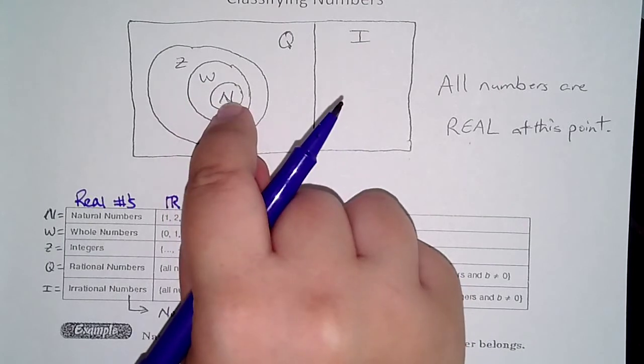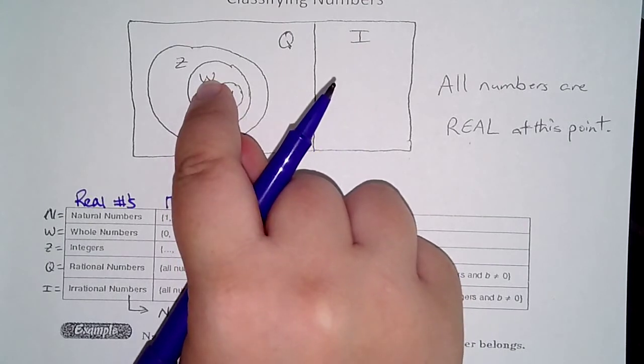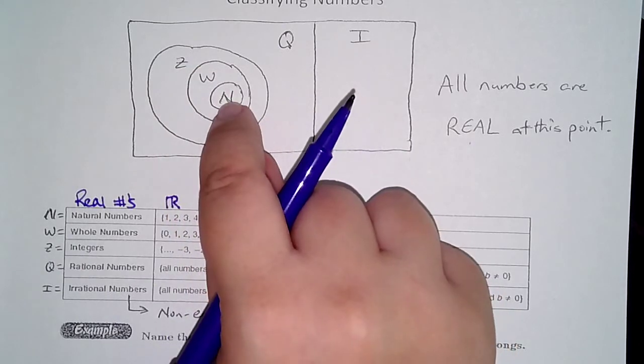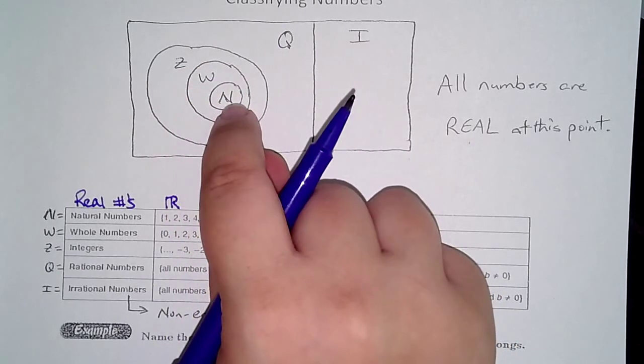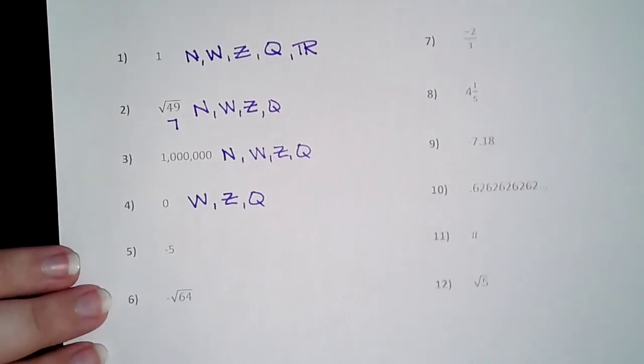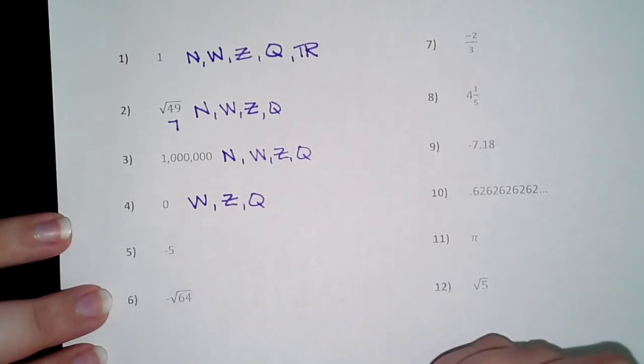So if a number is a whole number, it is also an integer. If a number is natural, it is also a whole number. Excuse my mix-up.